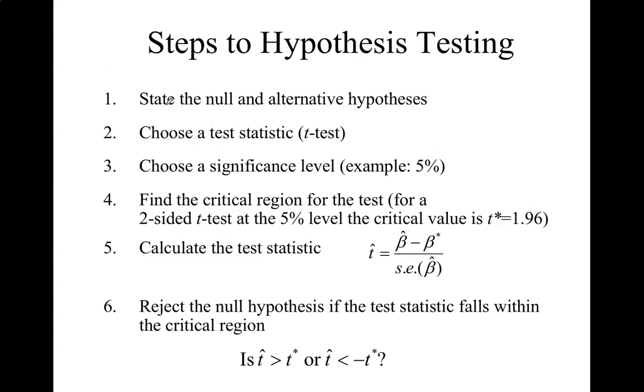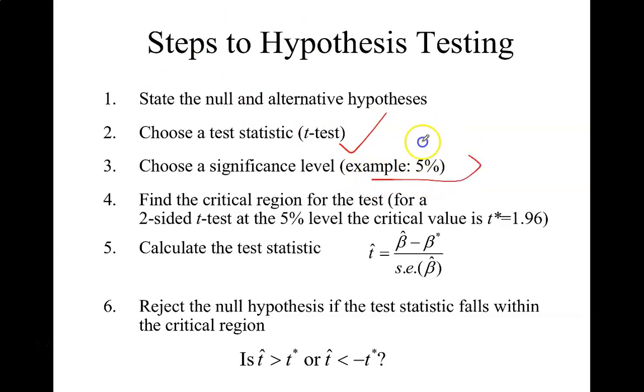I'm going to show you a little bit. These are the steps of doing hypothesis testing. Again, this is one of the questions for the pre-quiz that asked you to do. First things first, when you do hypothesis testing, we need to state the null hypothesis and the alternative hypothesis, and choose the test statistic. In this case, we choose T, and then choose the significance level.